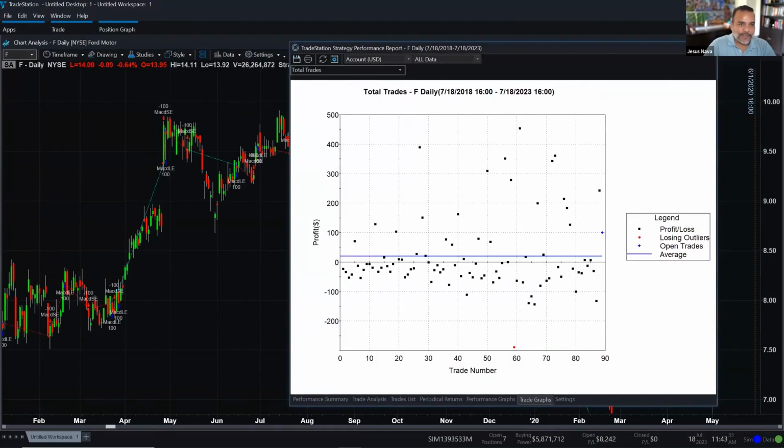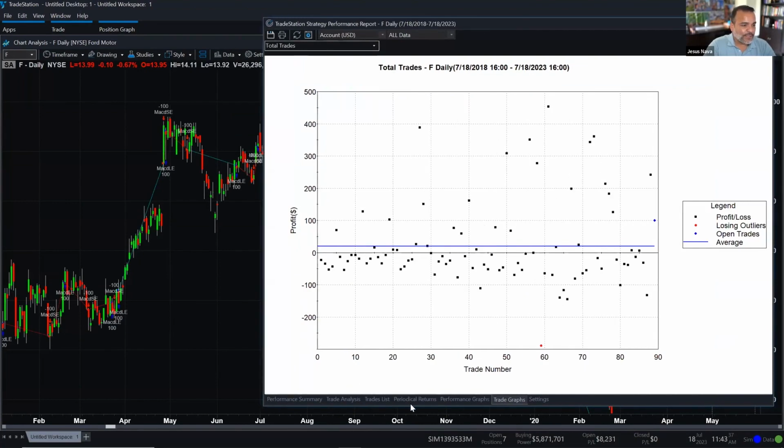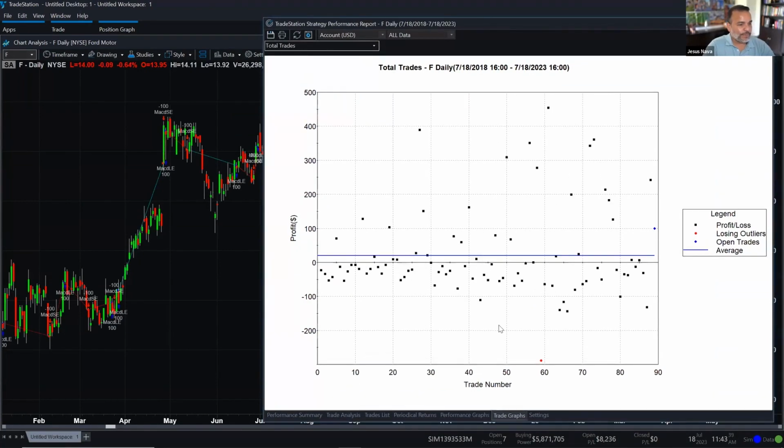I'm just going to resize this a tad bit bigger so we can still scroll through the chart. So again, this is giving me a graph of all the different trades, the total 88 trades that happened on my historical backtest. There is a blue one right here on the very front right side of the graph, which is my open position.